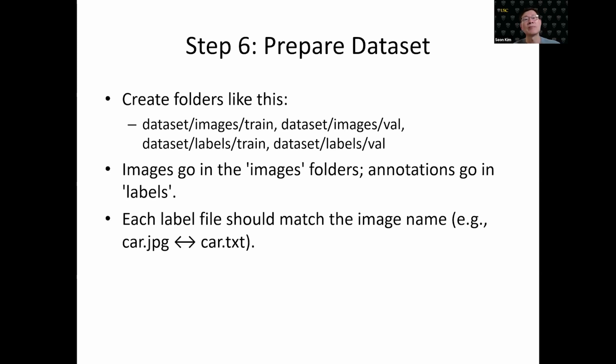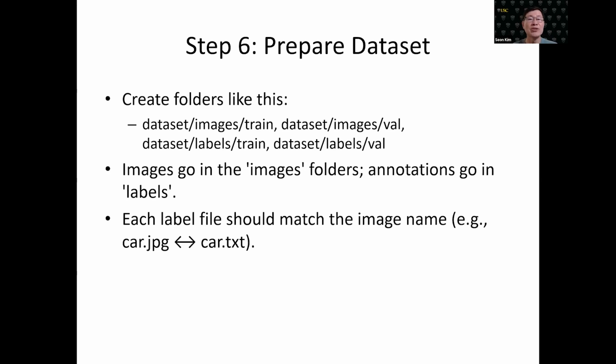And then we can have separate folders for labels. All right. So rather than putting everything in one folder, we'd better have some kind of organized way to understand where what kind of data is. Okay, so that is kind of important.